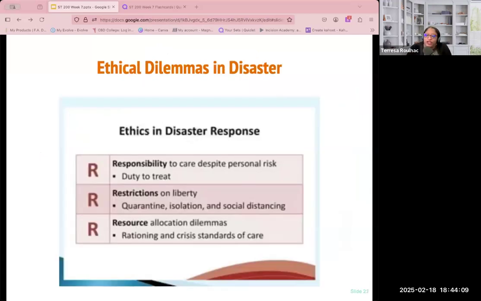We get to the point where there could be ethical dilemmas in disaster. We talk about the invisibility of vulnerable populations, and I just saw that the slide's a little bit blurry.